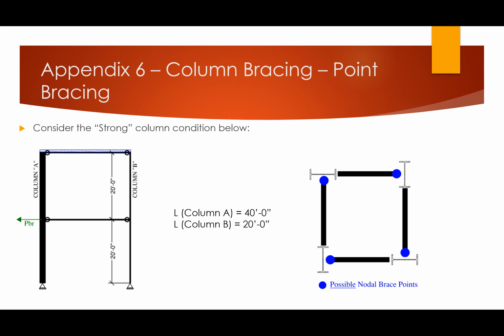Here's another kind of interesting configuration that you could have potentially. So notice here we have columns that are very strong in one direction and much, much weaker in the other direction, such as W24 moment frames. And if you look at how each one of these columns can lean onto the strong axis of another column, if these columns have sufficient strength and stiffness, every one of these columns would indeed be braced at the elevation of these beams.